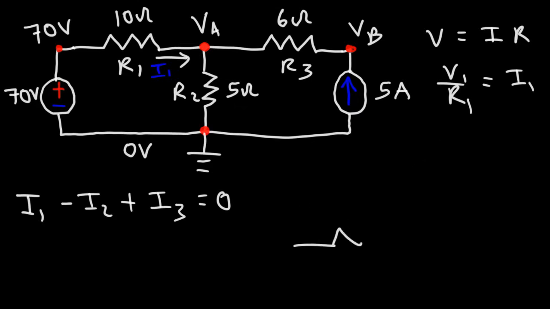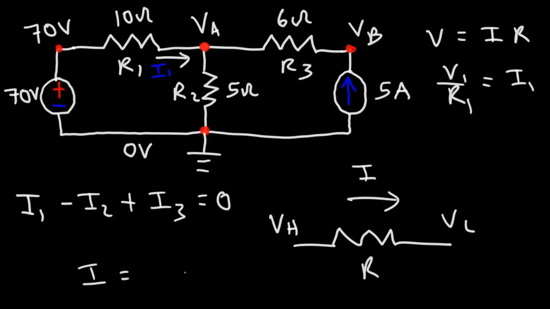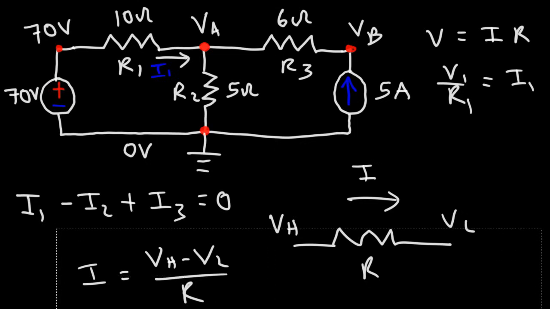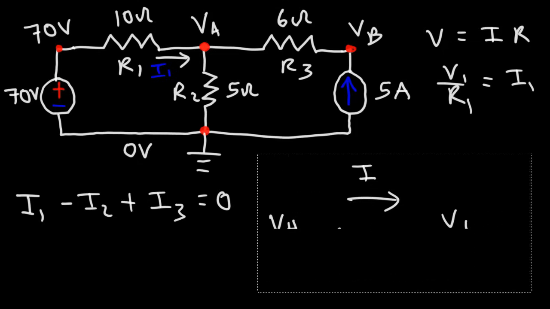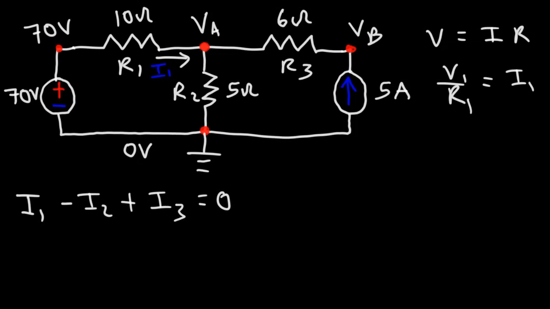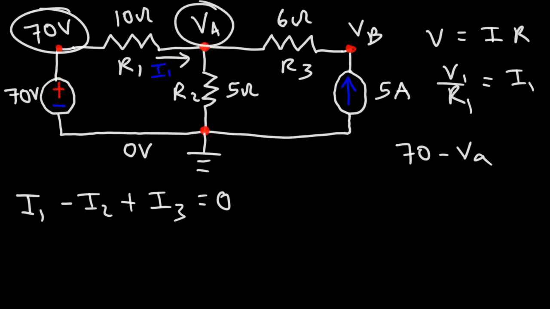Now, just to review, current always flows from a high electric potential to a low electric potential. So to calculate the current in a resistor, it's going to be VH minus VL, that's the voltage across that resistor, divided by R. So in this case, to calculate V1, that's going to be 70 minus VA, because the current is flowing from a potential of 70 volts to an electric potential of VA.